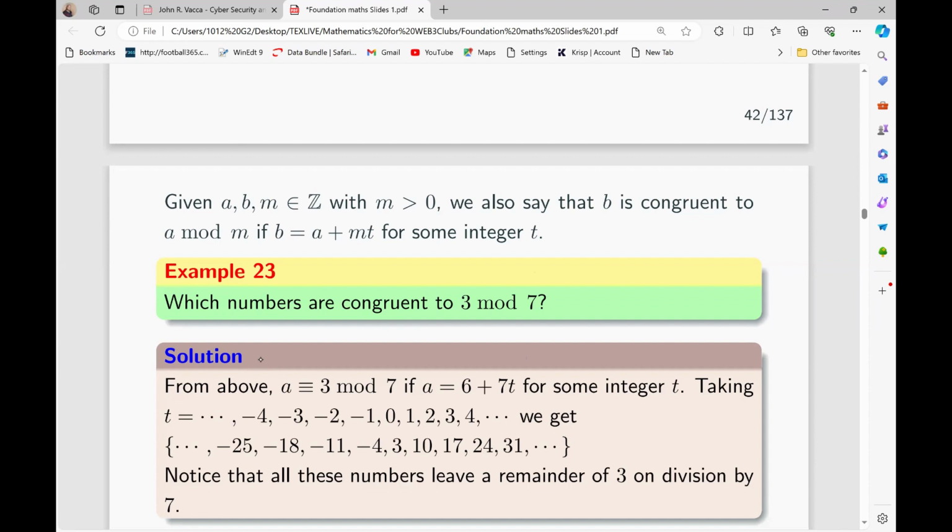Another one is 17. And when you divide it by 7, the remainder will be 3. But which numbers are they? Because there are so many. So this is how I look at it. I assume I have a number A divided by 7. I know the result will be X, and the remainder is 3.